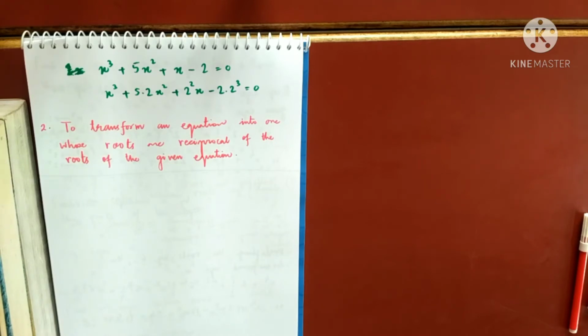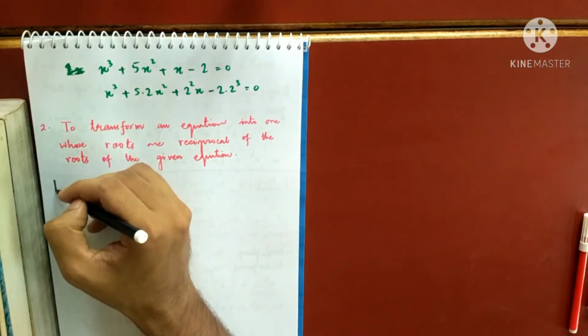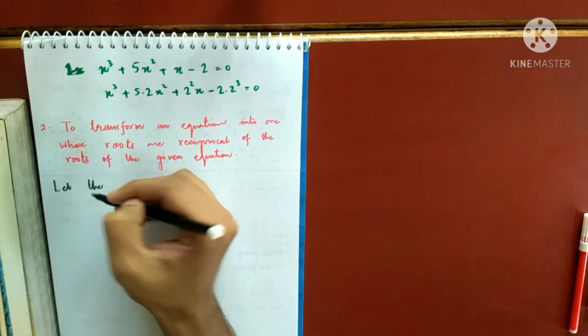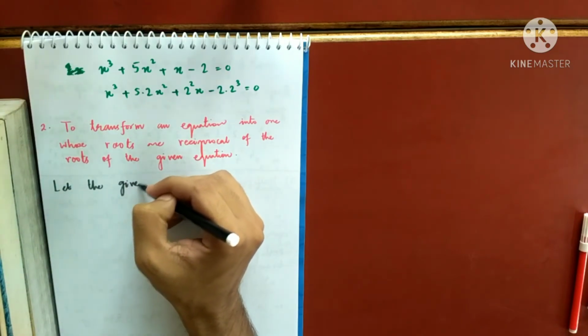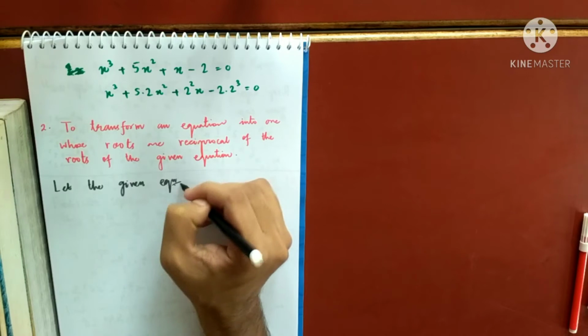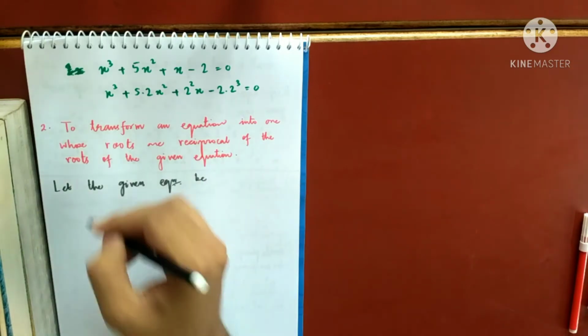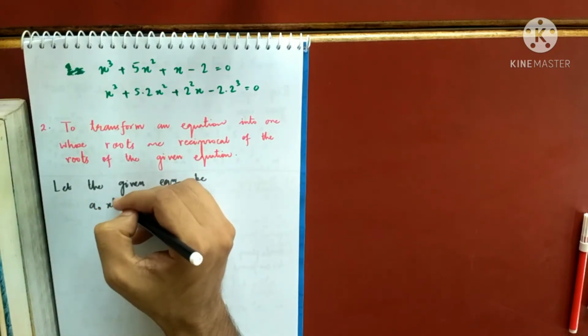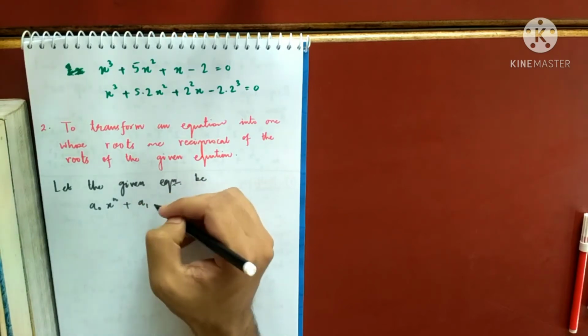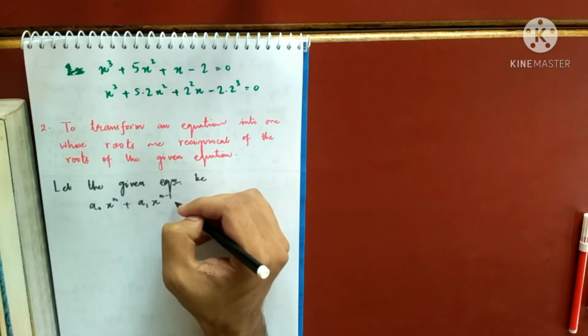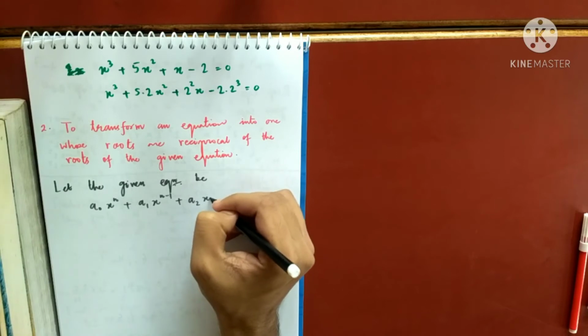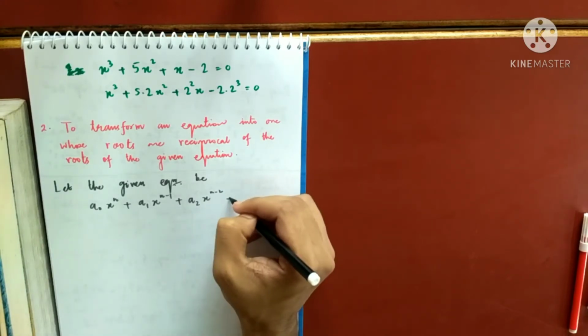So let me write that. So let the given equation be equation B. So this time I will consider like this: a0 x to the power n plus a1 x to the power n minus 1 plus a2 x to the power n minus 2, and so on.